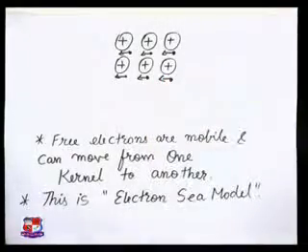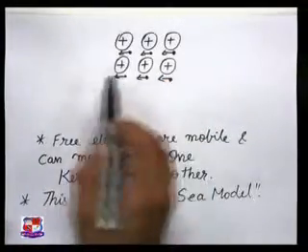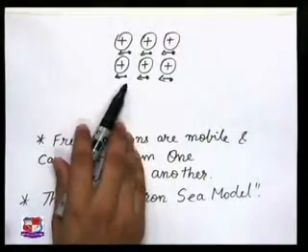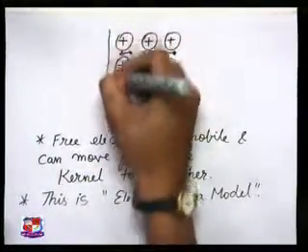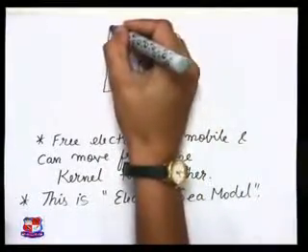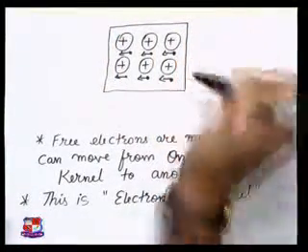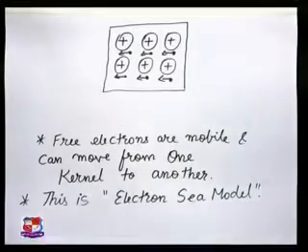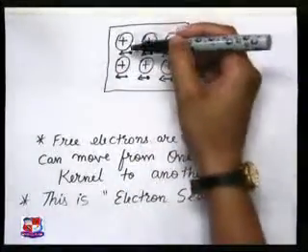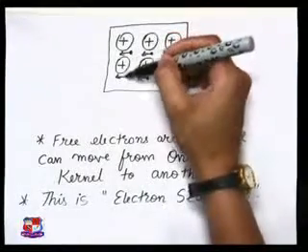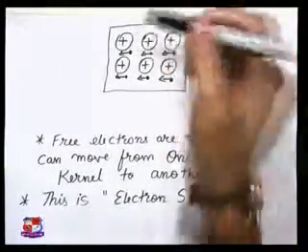Your electrons are free to move from one kernel to another in the structure. Hence this model is termed the electron sea model. Why is it known as the electron sea model? Because your electrons are free to travel from one kernel to another.